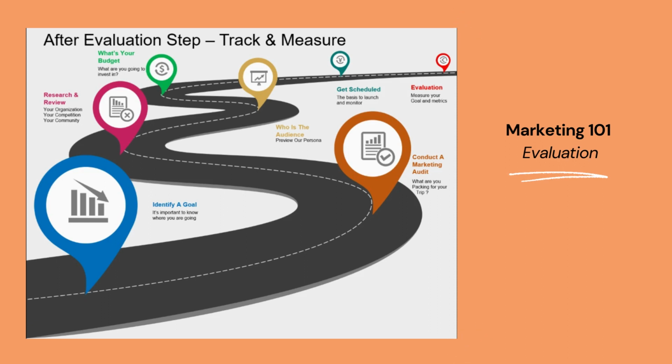We don't continue on with an ad if we know that we're not getting the results that we want. That's not to say that we invest in the ad clear to the end, but maybe we change up graphics. Perhaps we need to change the wording, or there may have been a link that was broken. It's important to continually monitor during the launch of our marketing campaign and identify those happenings in the evaluation phase.